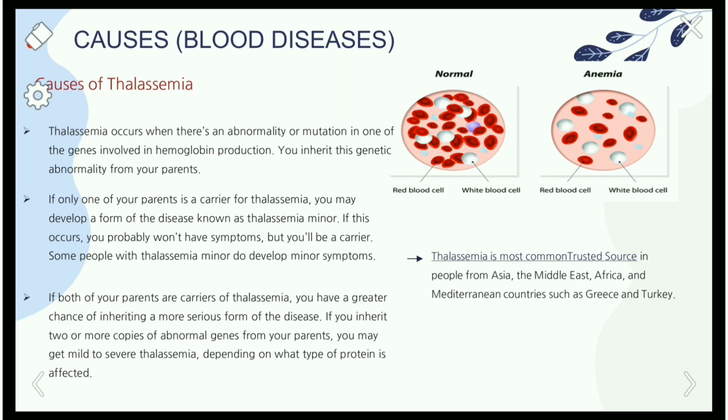Some people with thalassemia minor do develop minor symptoms. If both of your parents are carriers of thalassemia, you have a greater chance of inheriting a more serious form of this disease. If you inherit two or more copies of abnormal genes from your parents, you may get mild to severe thalassemia, depending on what type of protein is affected.